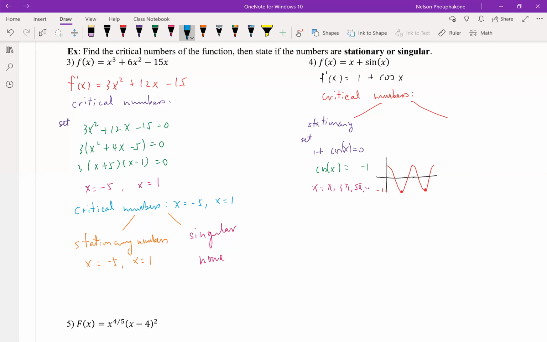Okay, or we could write it as x equal to pi plus 2k pi, where k is an integer now. Okay, then now for the singular, we would like to have f prime of x undefined. But of course, we know that we could not find any number to make the derivative undefined. So in this case, we have no singular.